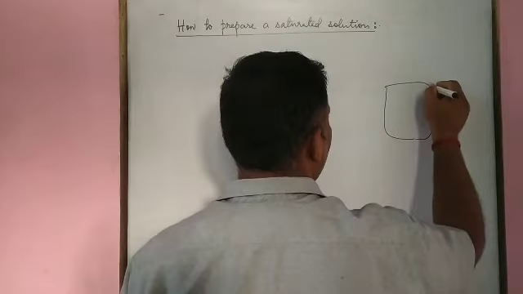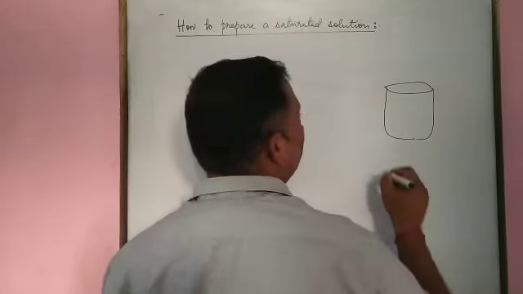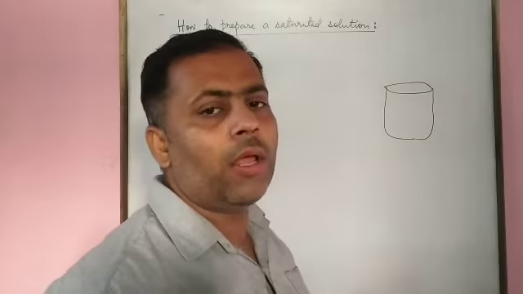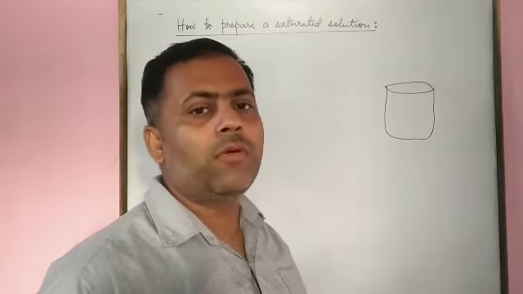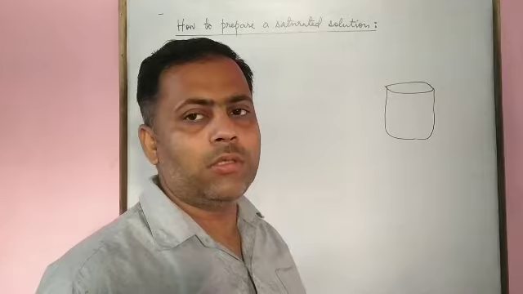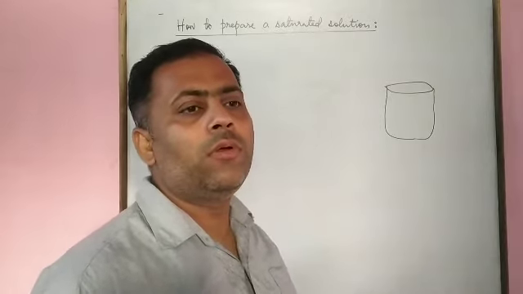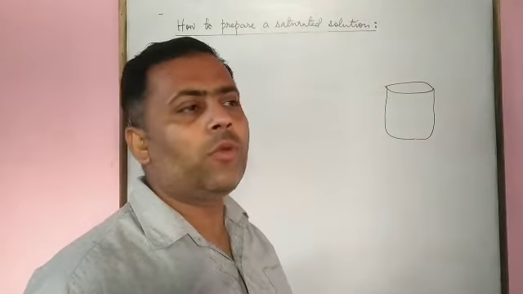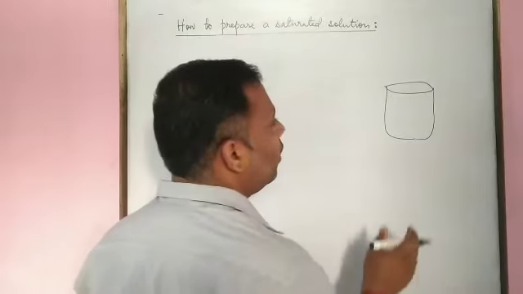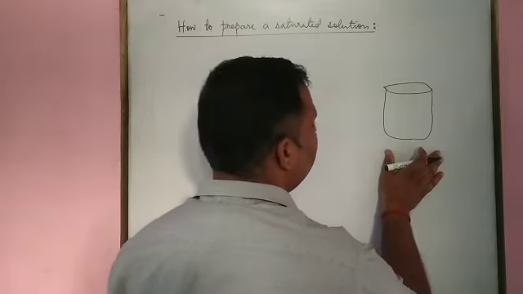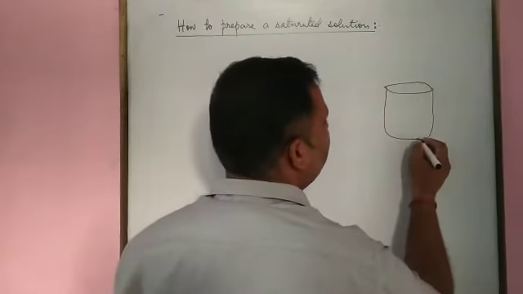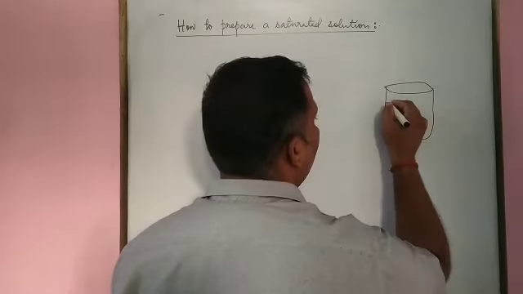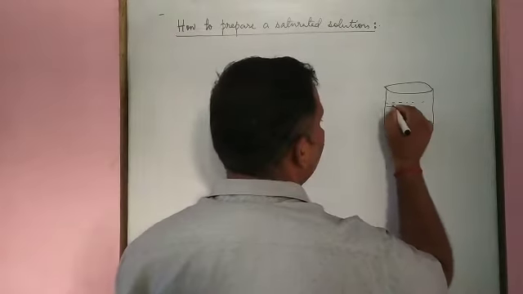Fill it with water, because we want to prepare an aqueous solution of sodium chloride, a saturated solution of aqueous sodium chloride. In order to prepare it, what do we take? We take a beaker and fill it with water.